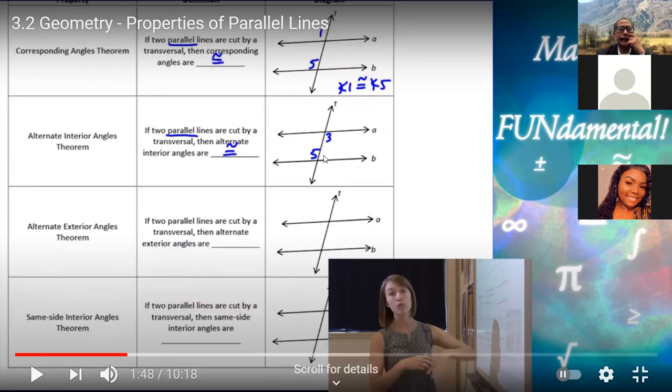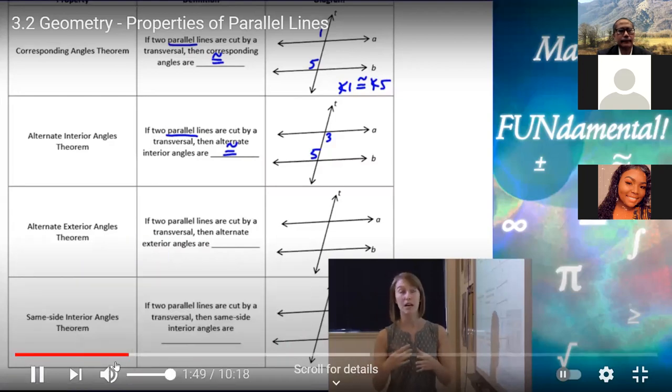Okay, I think that's it, right? And the next one is the alternate exterior angle. So this and this, so this one and this one.